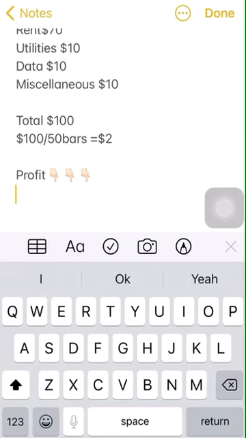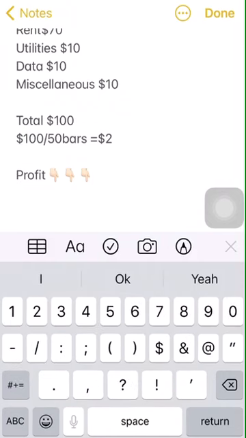So let's assume you want to add a profit of $1 to each of the soaps. All right, you want to make a profit of $1 for every bar of soap. Then we are putting $1 over there. So the profit per bar of soap will be $1.